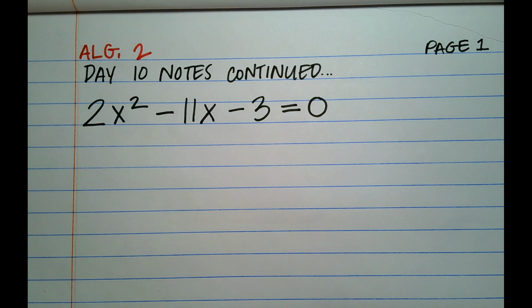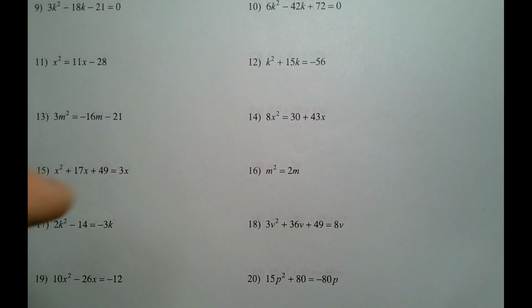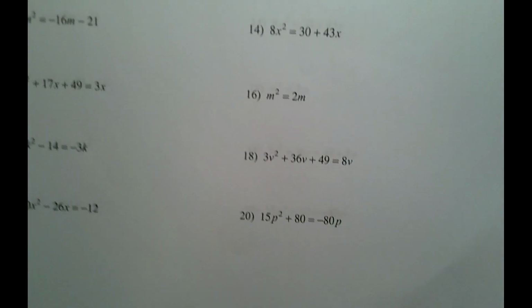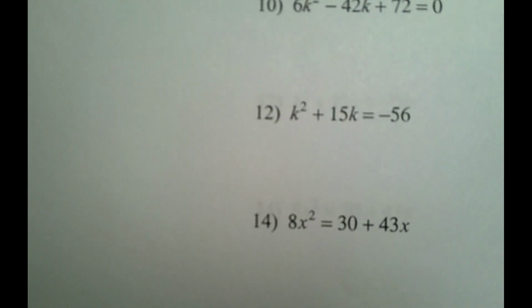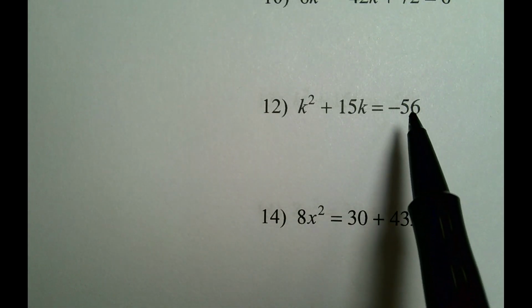Kind of like we did yesterday. Hang on, let me pull out that paper we used. Sometimes it wouldn't be equal to 0. For example, here on number 12, this one says equals negative 56.